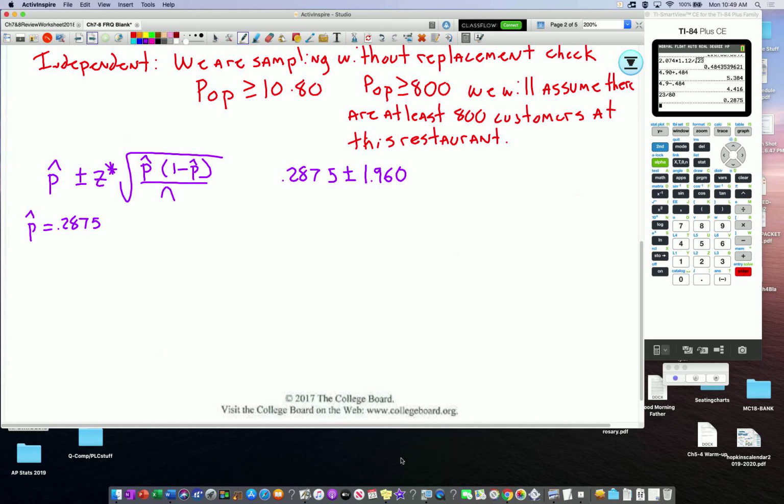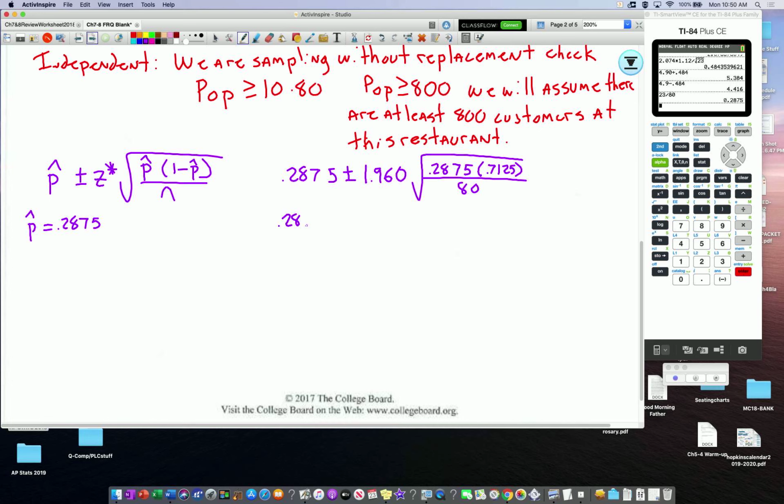If you look at the very bottom of the t table where it says confidence level, and go up where it says infinity or z star, you'll see it's 1.960. Then 1 minus 0.2875 is 0.7125. Notice these two numbers will always add up to 1, over the number of customers, in this case 80.